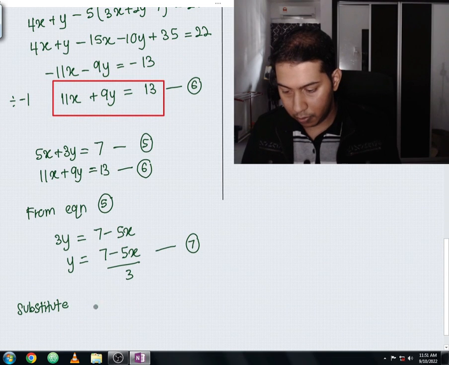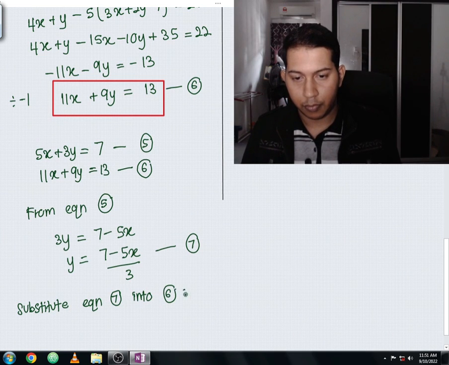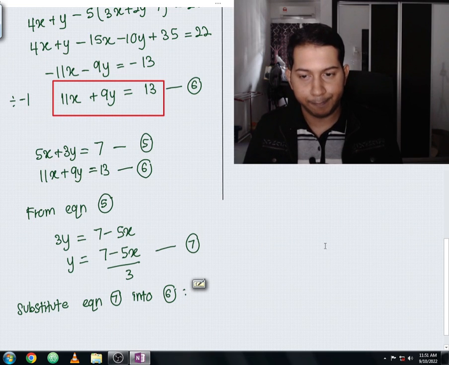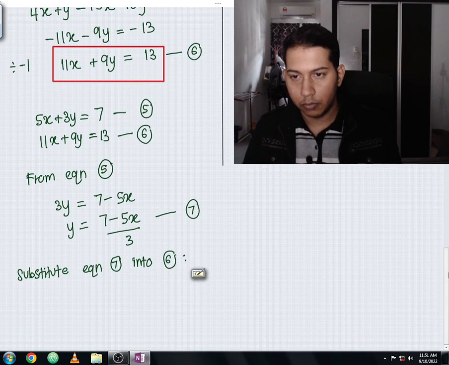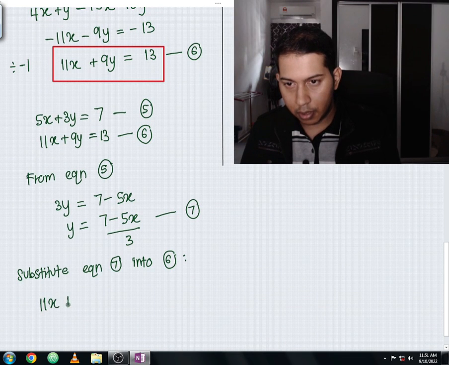Substitute equation 7 into 6. So let us continue. From here, 11x plus 9y equals 13.